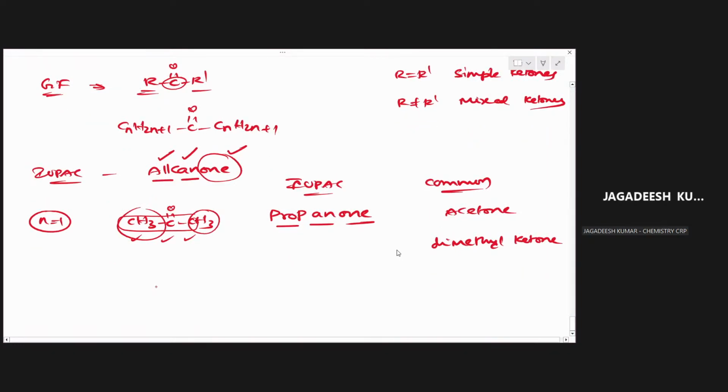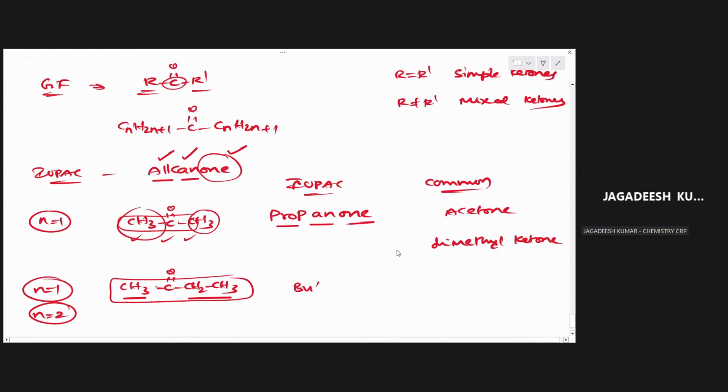And if I take two different values, one side n value 1, another side n value 2, then how can we write it? CH3COCH2CH3. This side n value 1, this side n value 2. Now the total number of carbons, these are a continuous carbon chain only. So total 4 carbons. So 4 carbons means what can we say here? Butanone.